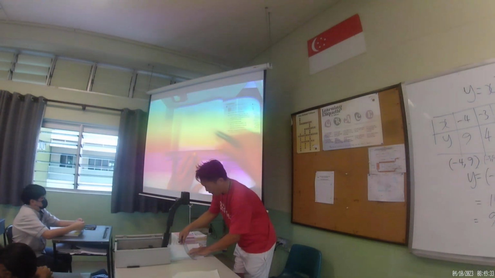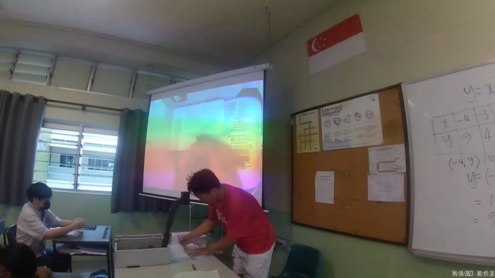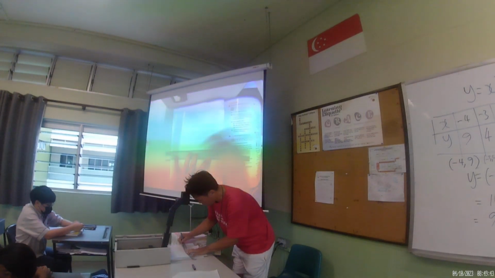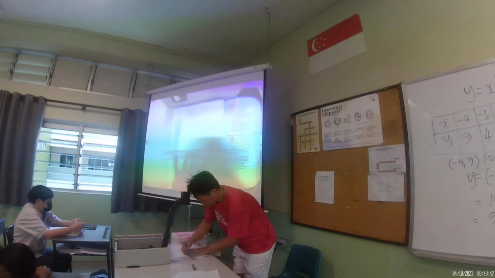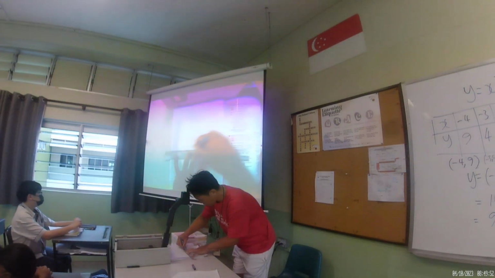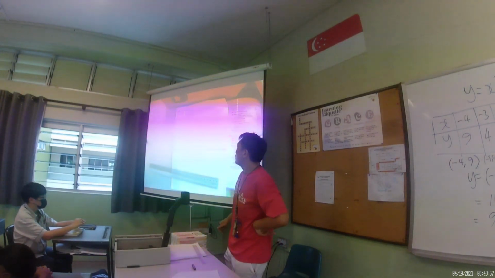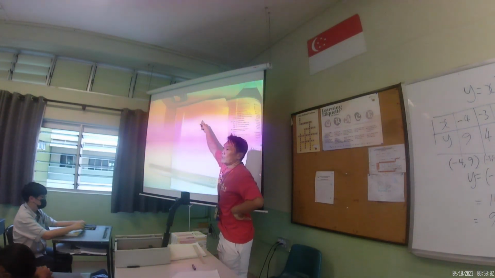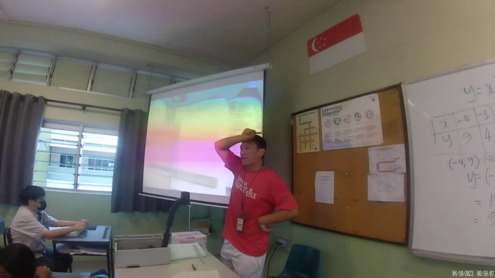So this line is where I will draw my x-axis. Okay? 0, 2, 4, 6, 8, 10. Definitely it will be enough to contain my entire graph.